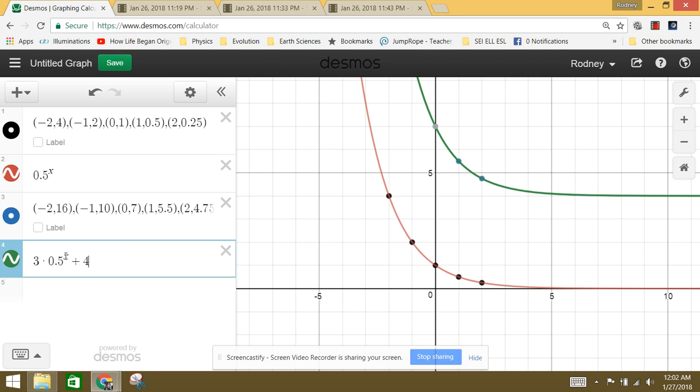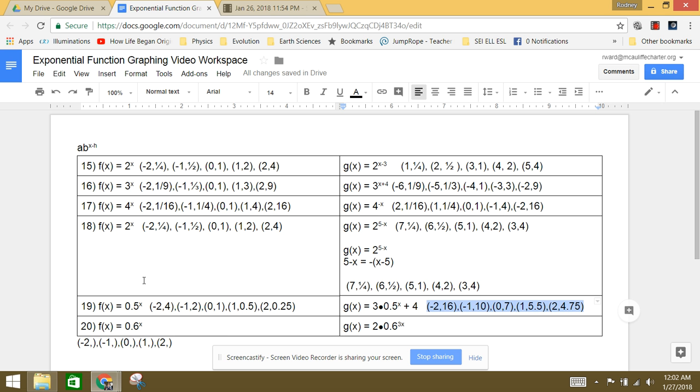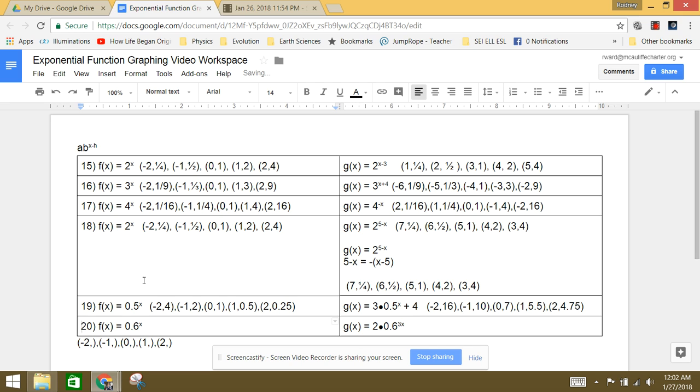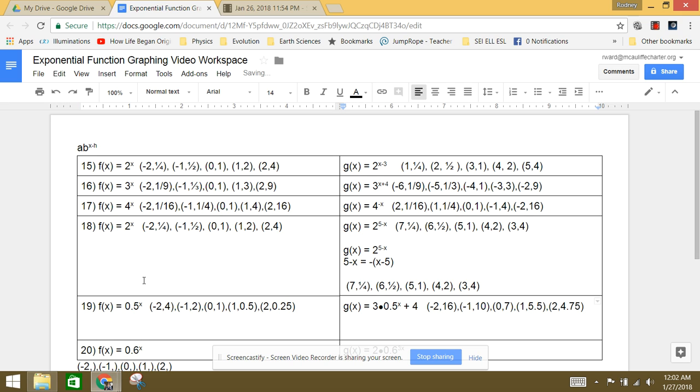Okay, so one thing you might have noticed is very early on we could approach it one more way. Another way to start is we could start with 0 as our x value. So this is my y-intercept. We'll just start with the very basics. I've got 0.5 to the 0 is 1.